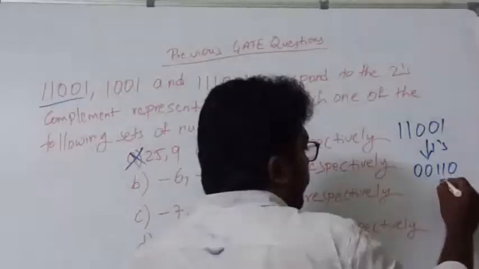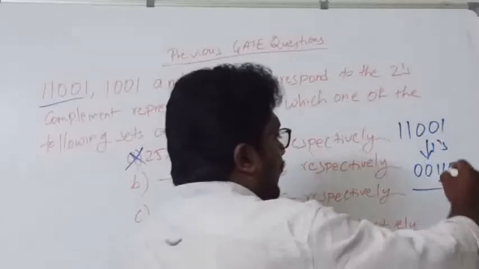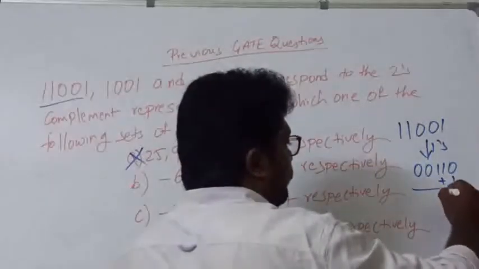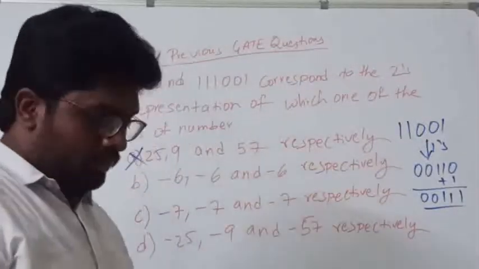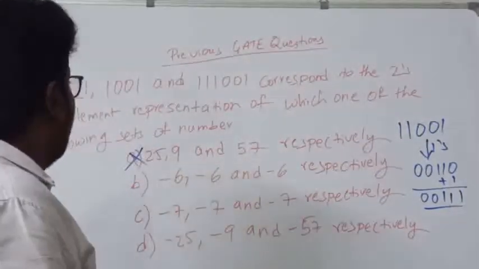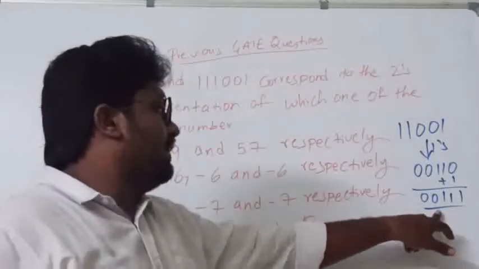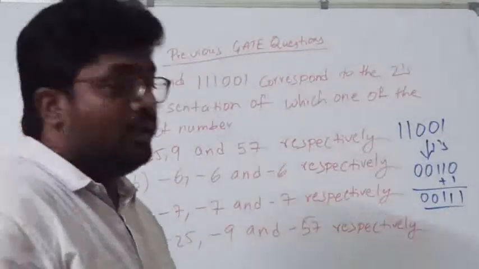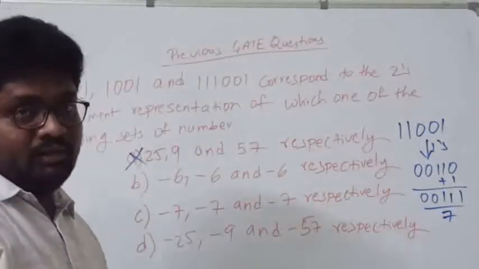In order to obtain the 2's complement representation, we need to add 1 to the LSB. So it will become 00111. So for the first one, we got the representation 00111, which is nothing but the decimal equivalent 7.